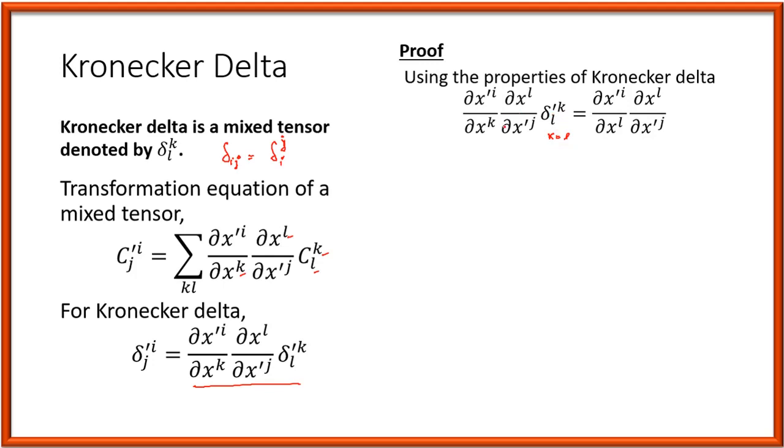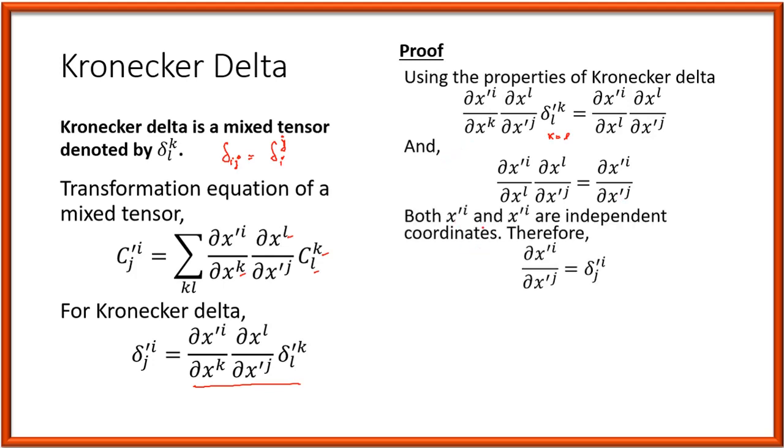So this equation reduces to ∂xi' with K replaced by L, ∂xl and ∂xl divided by ∂xj'. These two can be cancelled out and I can write it as ∂xi' divided by ∂xj'.